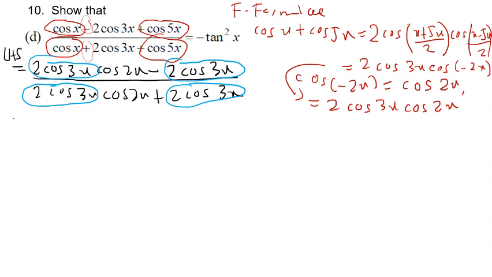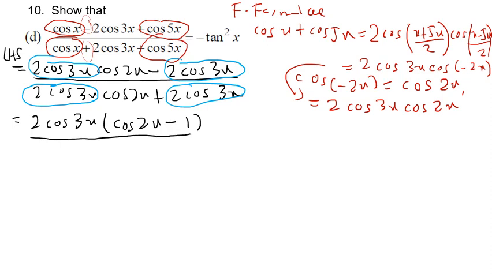We factorize 2 cos 3x, so inside here we have cos 2x minus 1. And below also 2 cos 3x, and here also cos 2x, but this time plus 1. Above and below we have a similar factor that we factor out, so we can cancel it out.